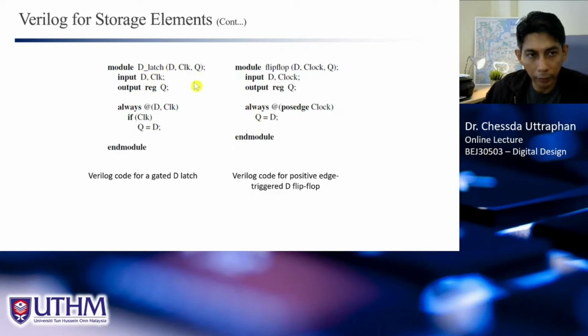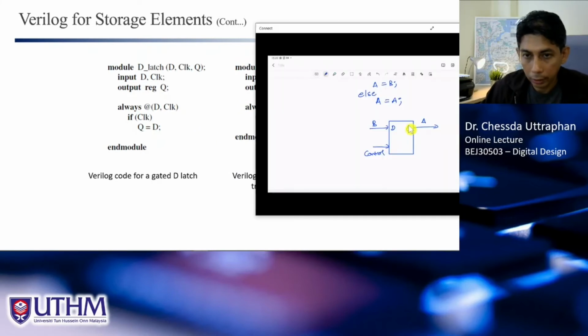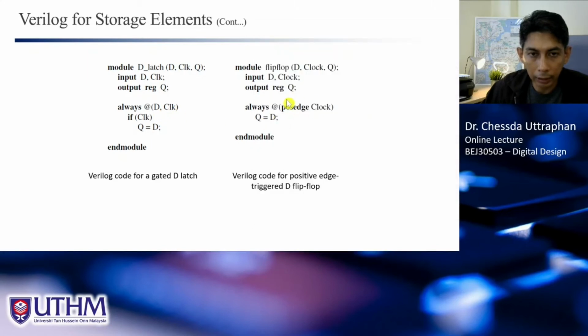So when we look here, the declaration part is the same, but the difference is that to create a flip-flop, in the sensitivity list, whereas for the latch we list all the inputs, in this case D and clock, to create the flip-flop we need to use the keyword posedge or negedge, negative edge or positive edge clock.